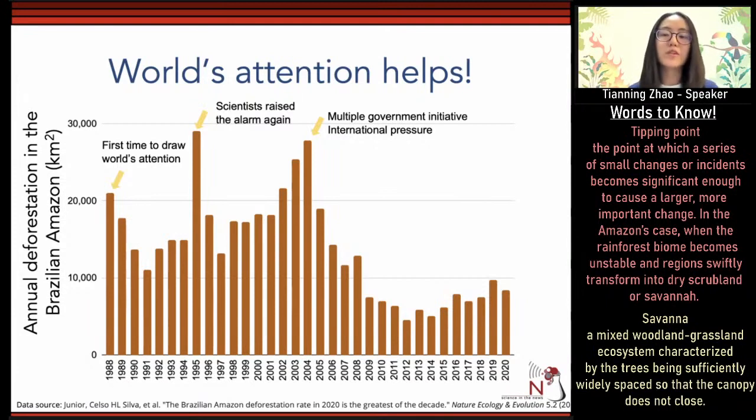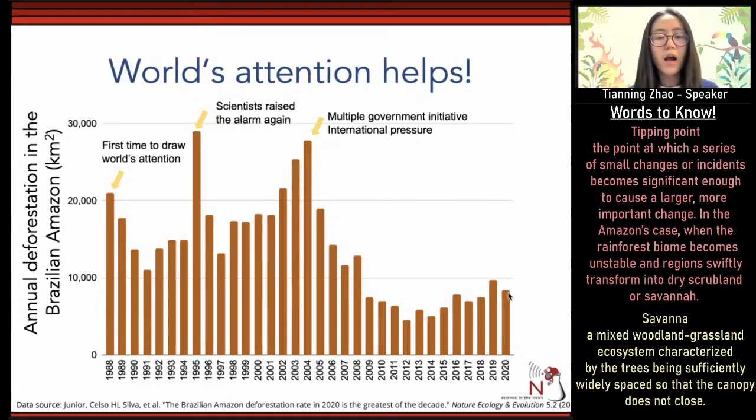They covered different axes of action, including better land planning, better environmental monitoring, as well as fostering sustainable production. All those activities together were able to drop the deforestation rate down to a historical record low in 2012.